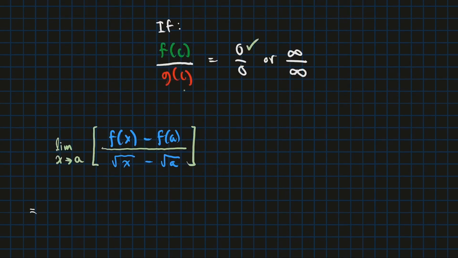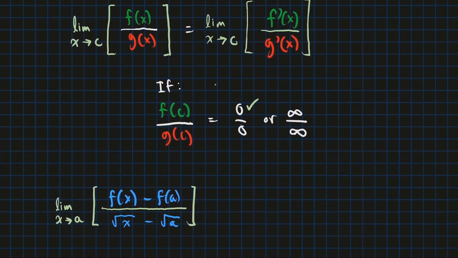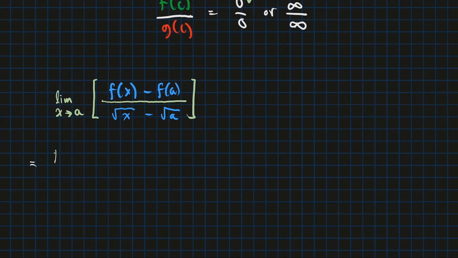So using L'Hopital's rule, we got 0 over 0. So we can say that this is equal to the limit as x approaches a, and now we have to take the derivative of the numerator and of the denominator. So let's look at each part by itself.